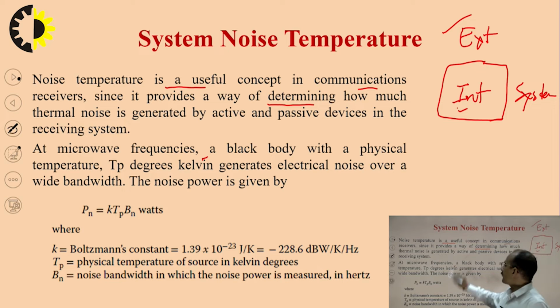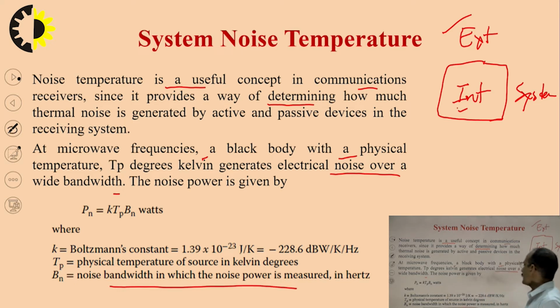At microwave frequency, when a black body with physical temperature Tp kelvin generates electrical noise over a wide bandwidth, the noise power Pn is given by k Tp Bn, where Bn is the noise bandwidth in which the noise power is measured, Tp is the physical temperature of the source in kelvin, and k is the Boltzmann constant, 1.38 times 10 to the power minus 23 joule per kelvin. In dB, it is minus 228.6 dBW/K/Hz.